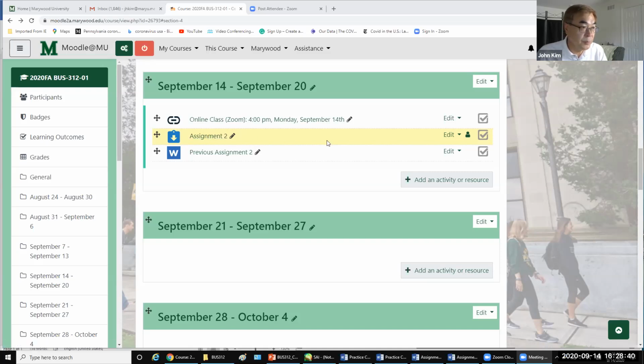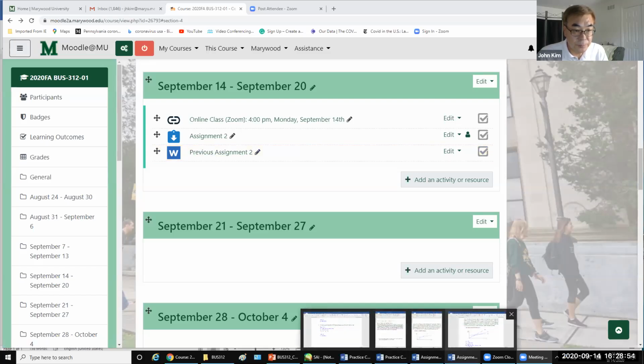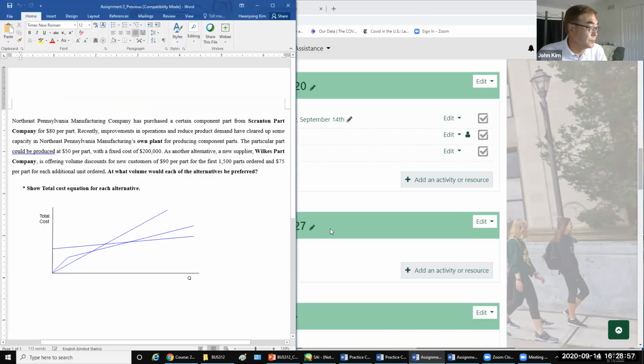For you to better understand, I will go over this previous assignment. This one is really similar. So it looks like this. Almost the same. Some word change and number change, but almost the same.